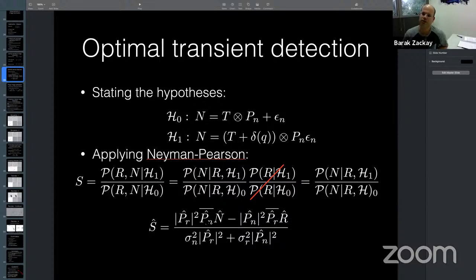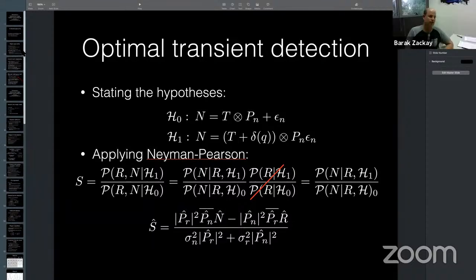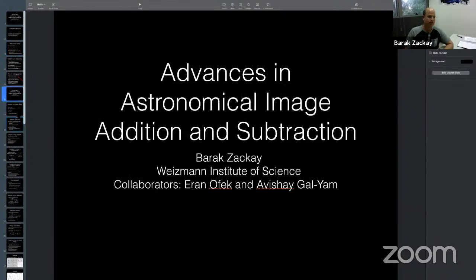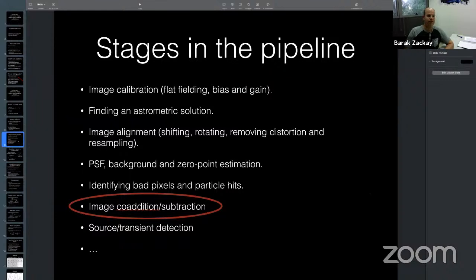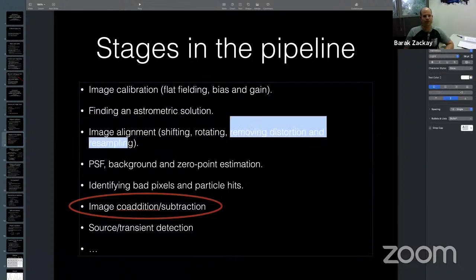But how do we deal with optical distortion over the image? Sometimes you have a little distortion because of the optics of the system. This is a completely different problem, probably. As I said, at some point I had a list. Yes, so in the image alignment, you also need to remove the distortion and resample.